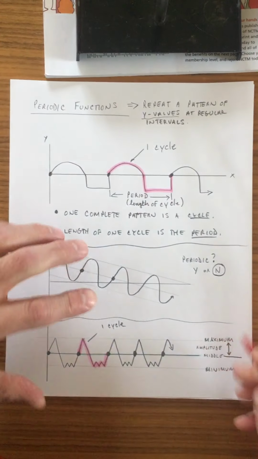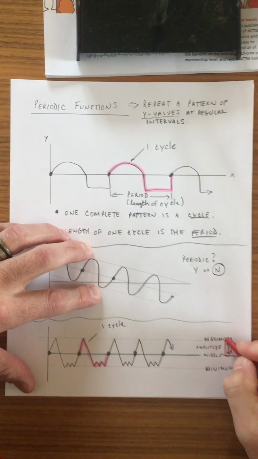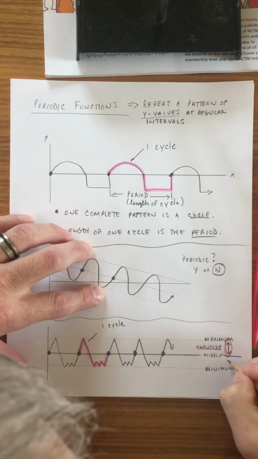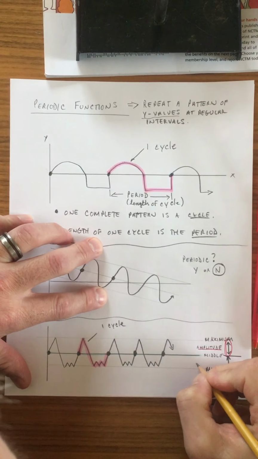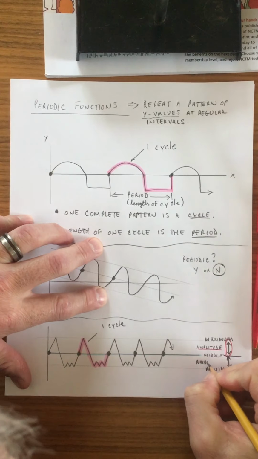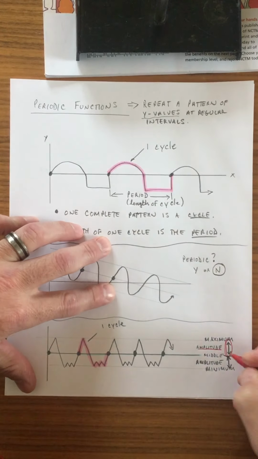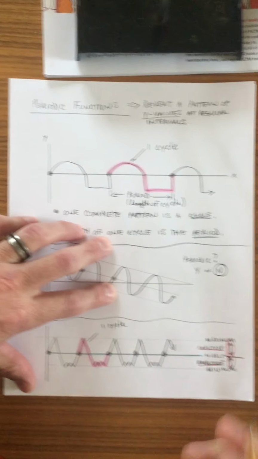So that distance right there, middle to max, is the amplitude. And the middle to the minimum is also the amplitude. So that distance right there is the amplitude.